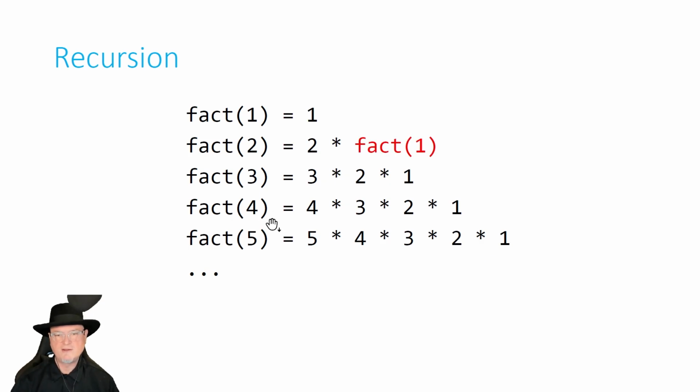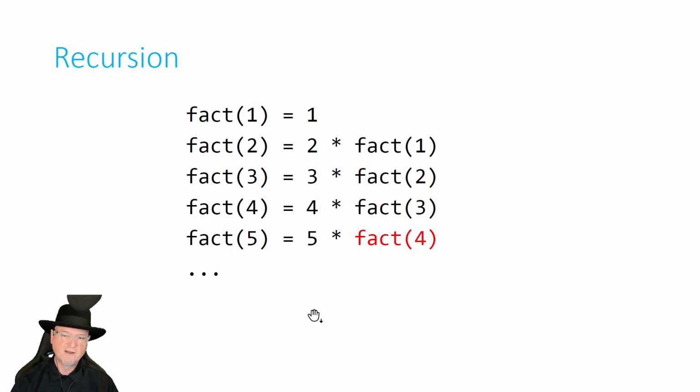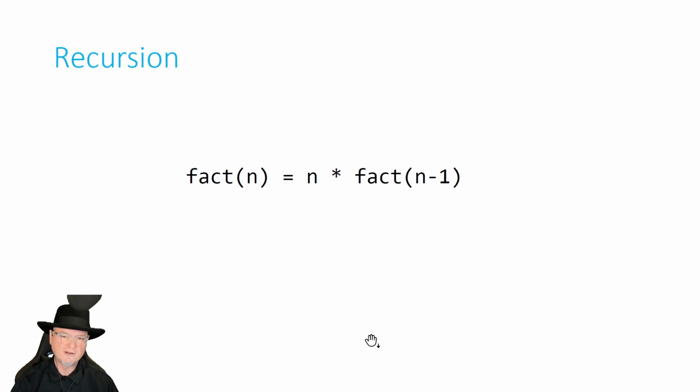So what we could do is say that factorial of 2 is actually 2 times factorial 1. Likewise, factorial 3 is 3 times factorial 2. Likewise for 4, likewise for 5. There's a pattern here that we can exploit to create an elegant recursive solution.